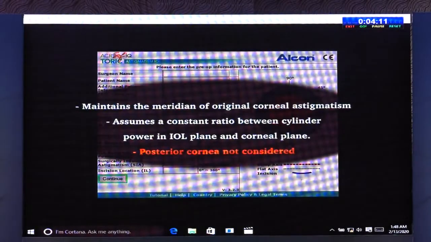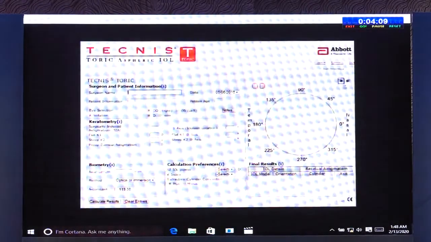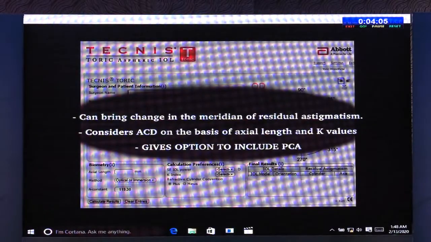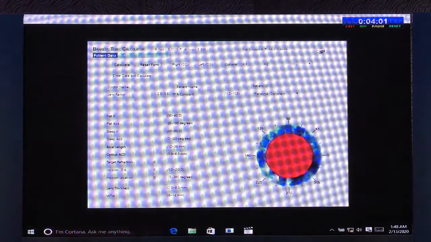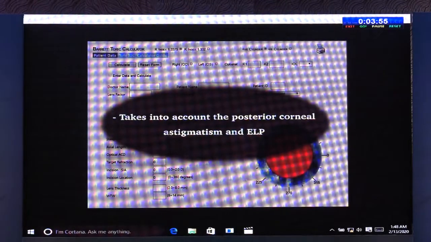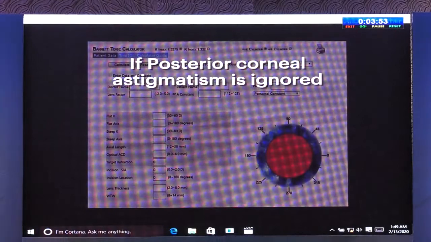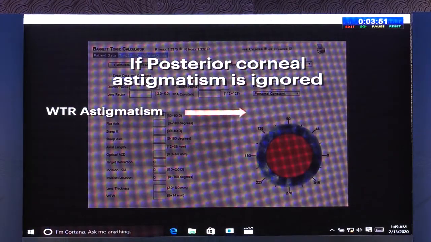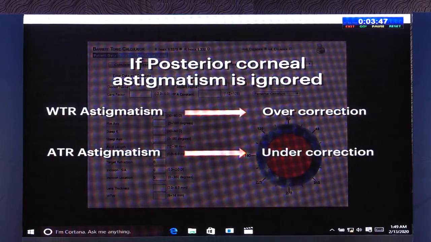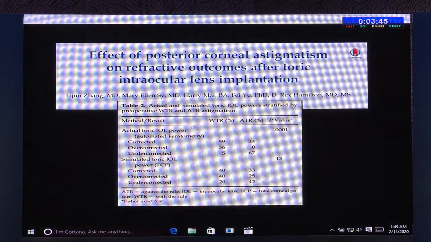But with the advent of Barrett's nomogram, which took into account the posterior corneal astigmatism and final effective lens position, posterior corneal astigmatism is now included in many of the online calculators for toric IOL planning. If posterior corneal astigmatism is ignored, it can lead to overcorrection in with-the-rule astigmatism and undercorrection in against-the-rule astigmatism.